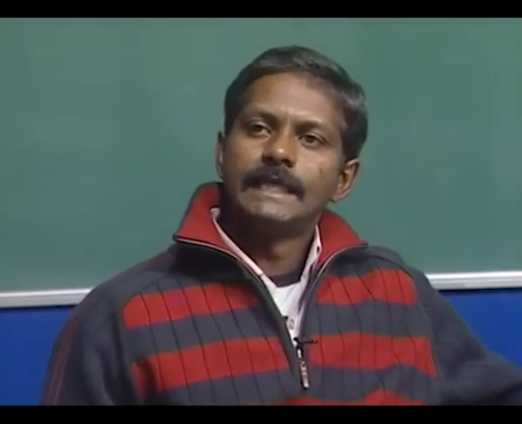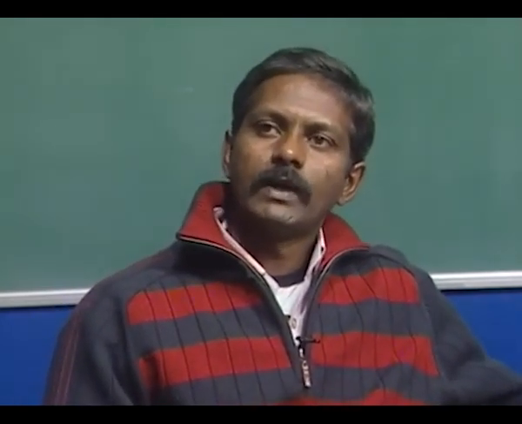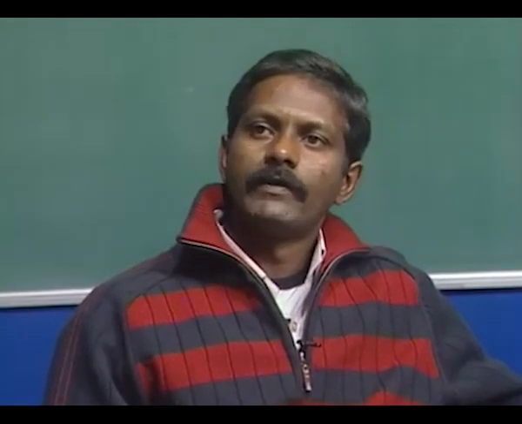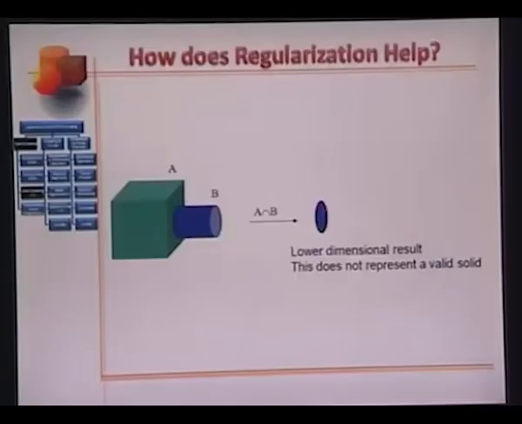Using the cube and the cylinder example, let's try to understand now how regularization would help. Recall that we had computed the intersection between the cube A and the cylinder B to get a low dimensional result, which was a disk.